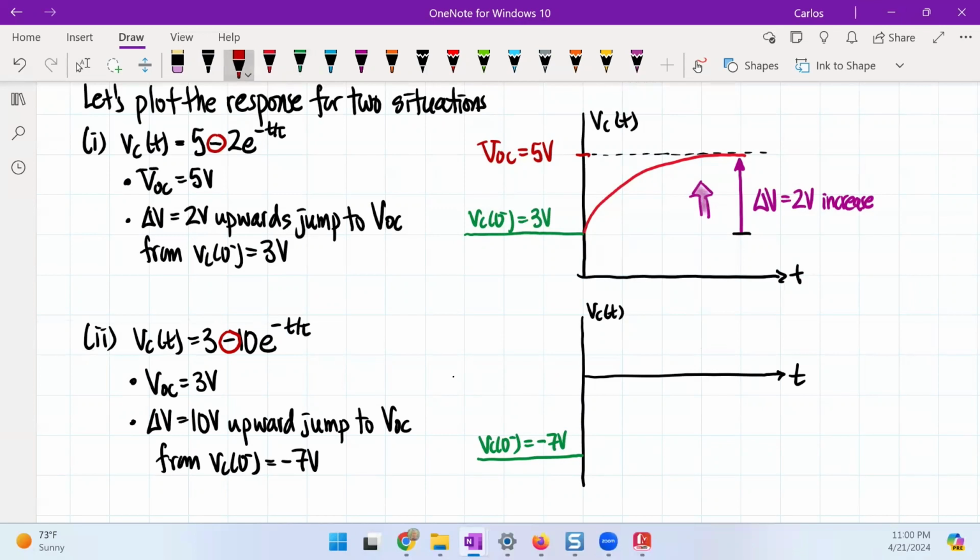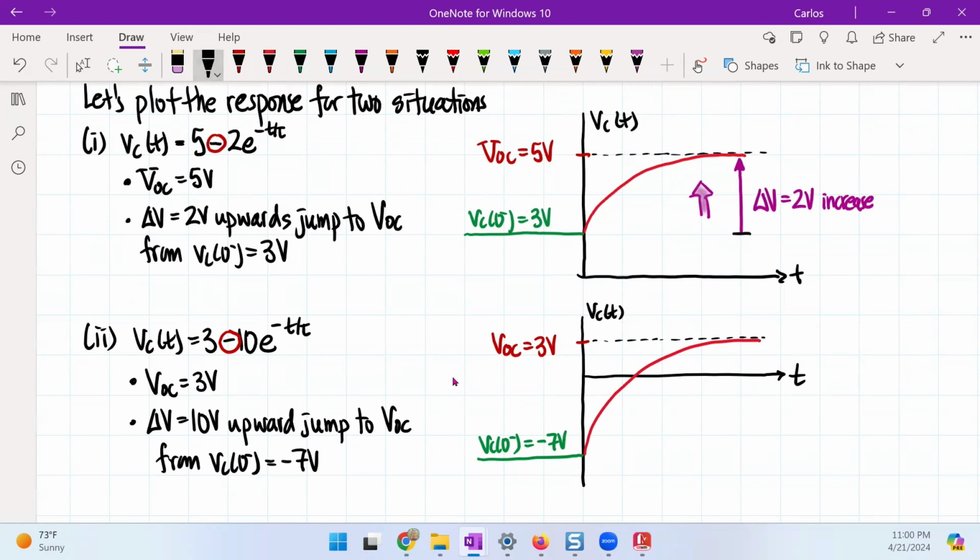Then it's going to jump all the way up to here, where I have VOC equal to 3 volts. So if I'm looking at my curve here, you could see that I have an upward swing that looks something like that.